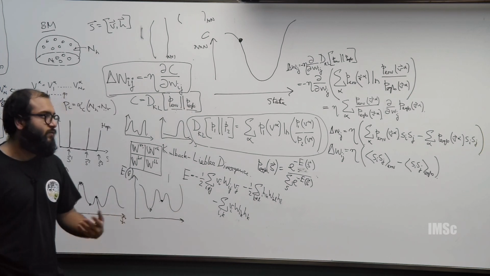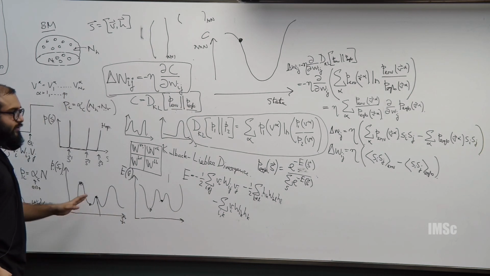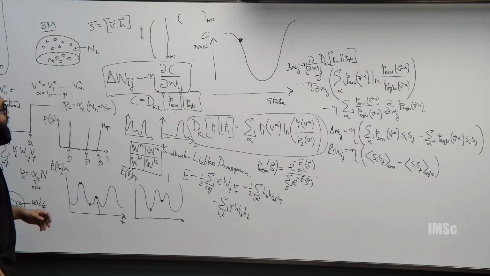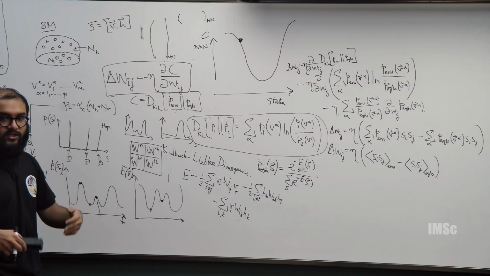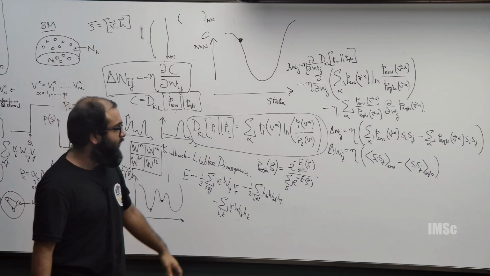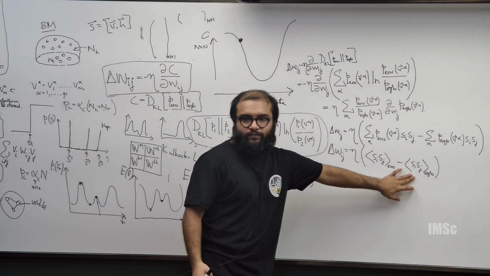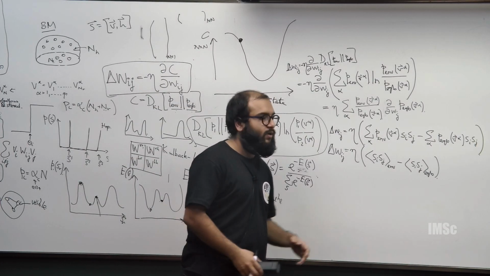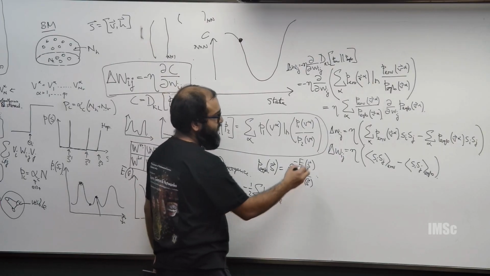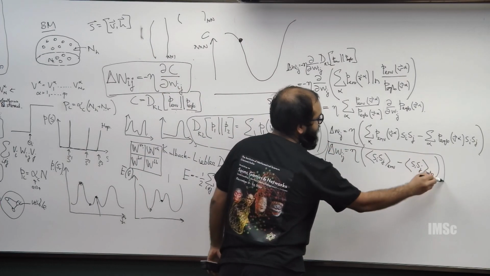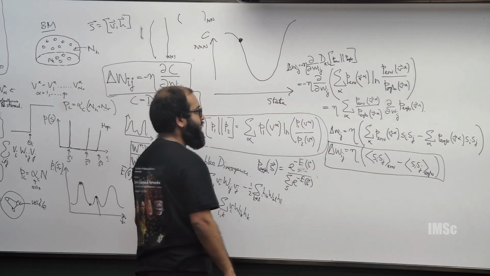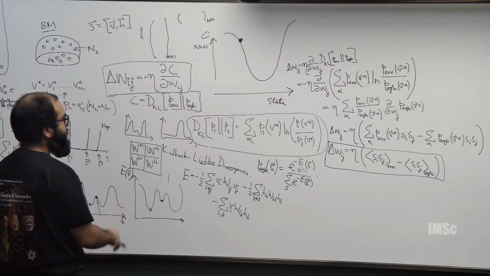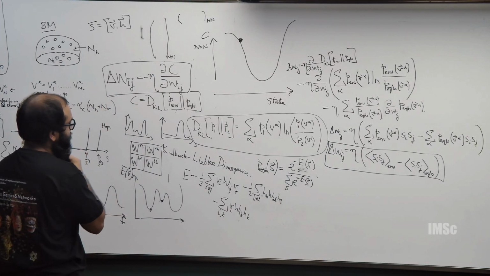So if you have low enough temperature, it will reach a minima. Once it reaches its own system minima, you take this pairwise statistics again.